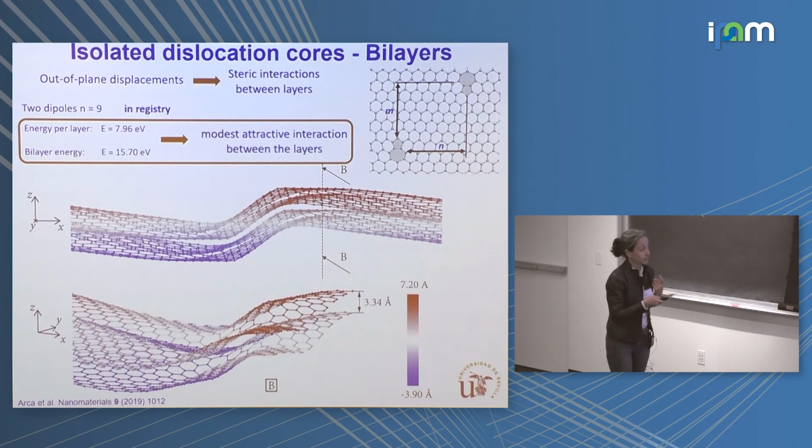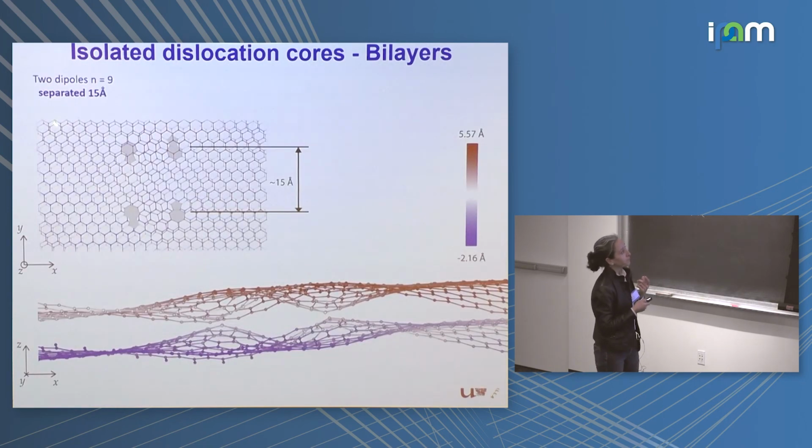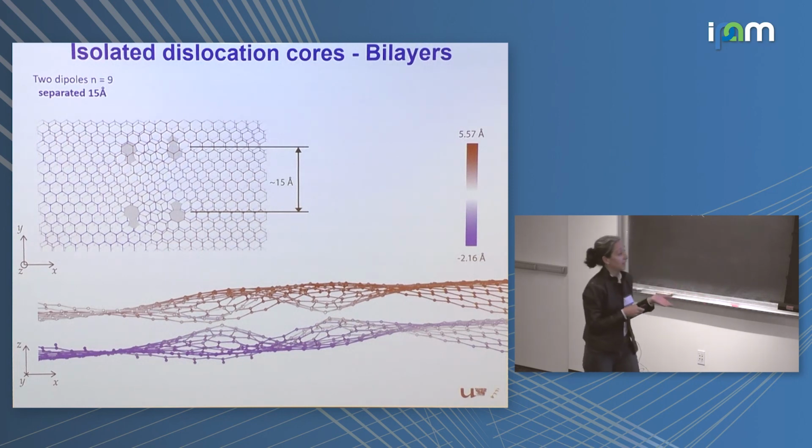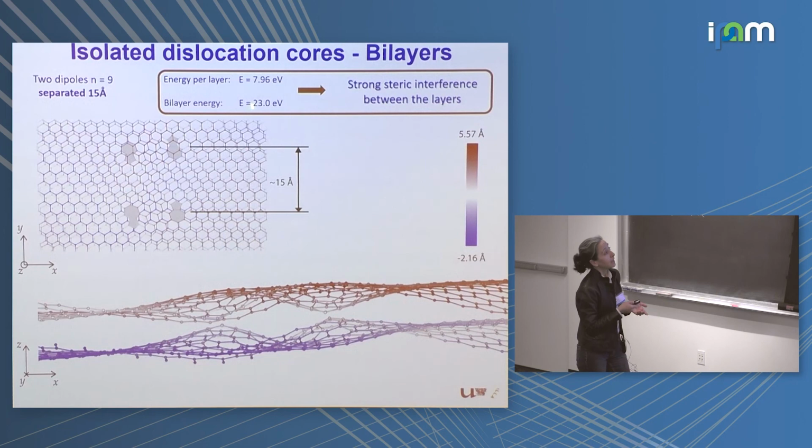There is no steric interaction between the lattices. Whereas when you separate the dipoles by 15 angstroms, one in the upper layer and one in the lower layer, what you observe is that the energy of the bilayer is much higher.